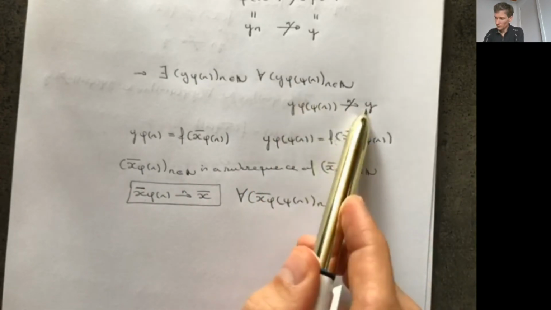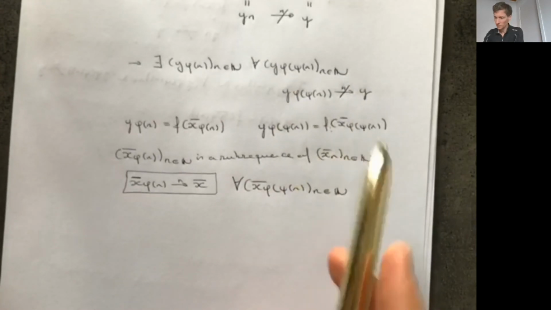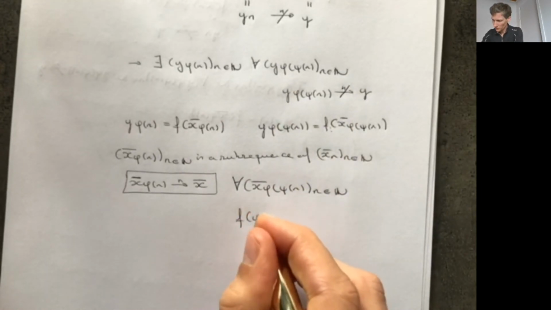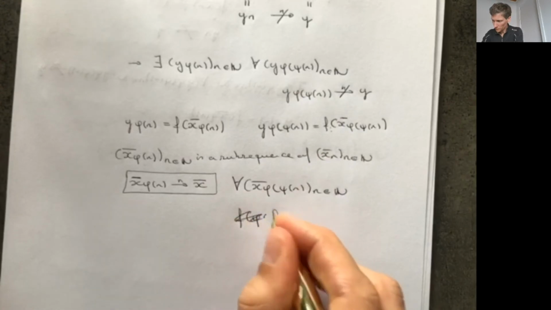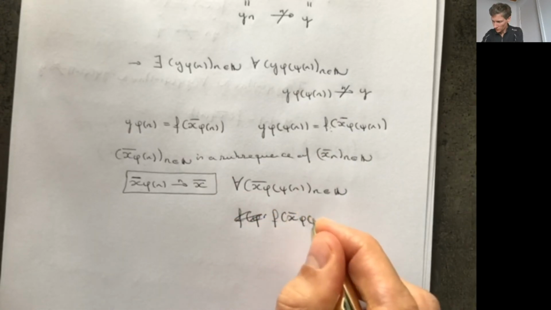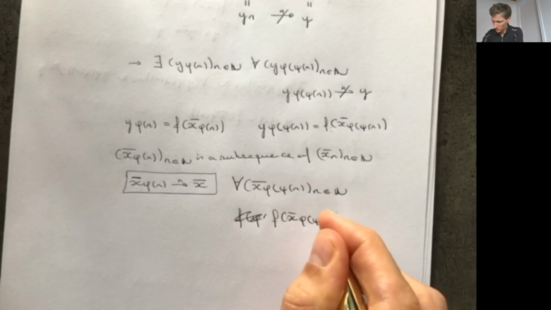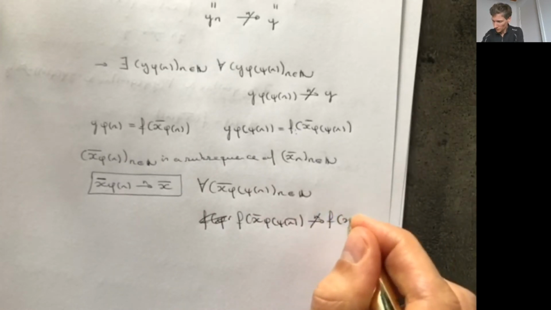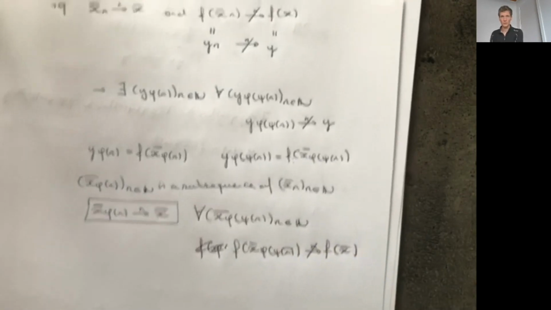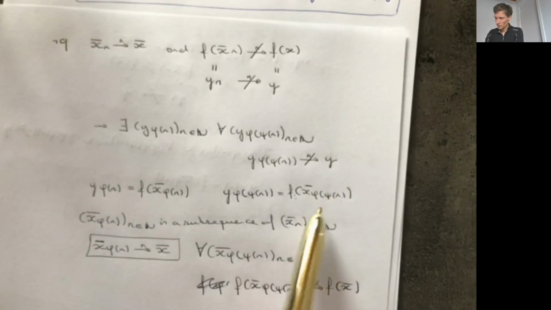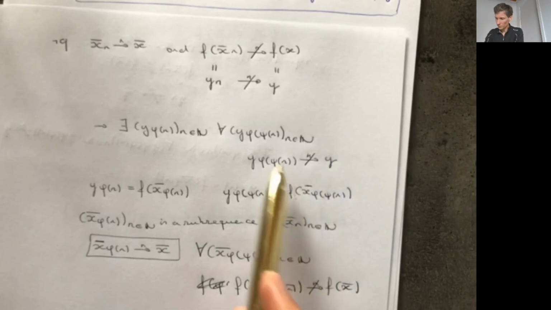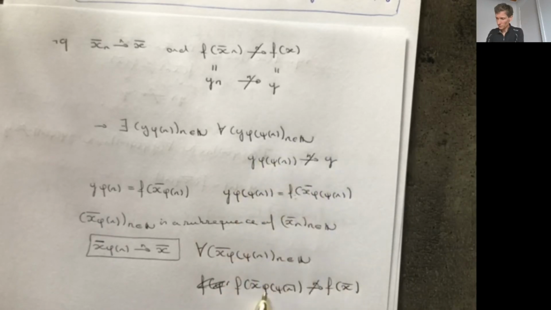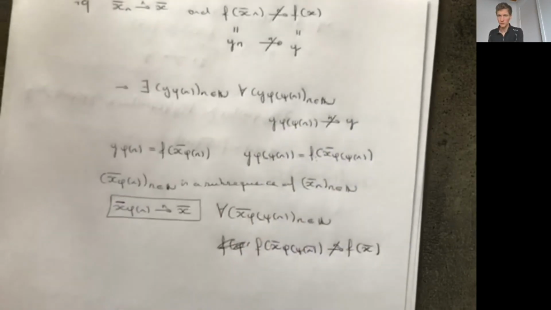and then the fact that this does not converge to y is the same as saying that f of x phi psi n does not converge to f of x. Okay, so this is just replacing y equal to f of x and y phi psi n equal to f of x phi psi n.